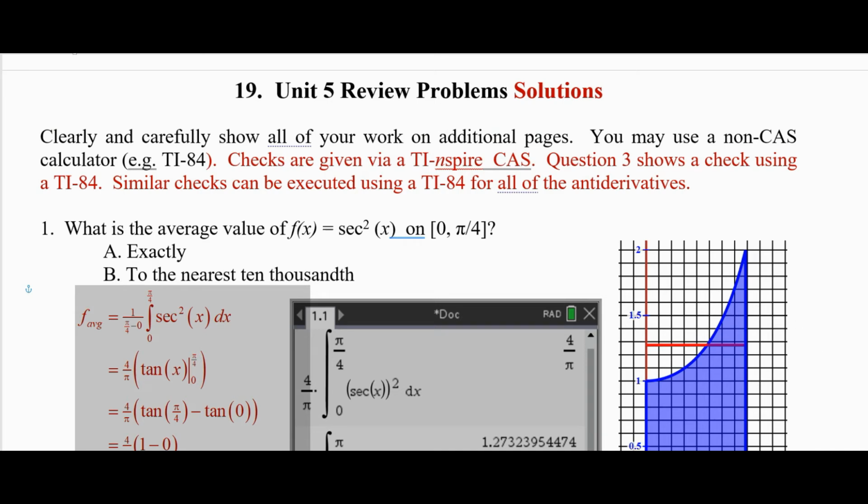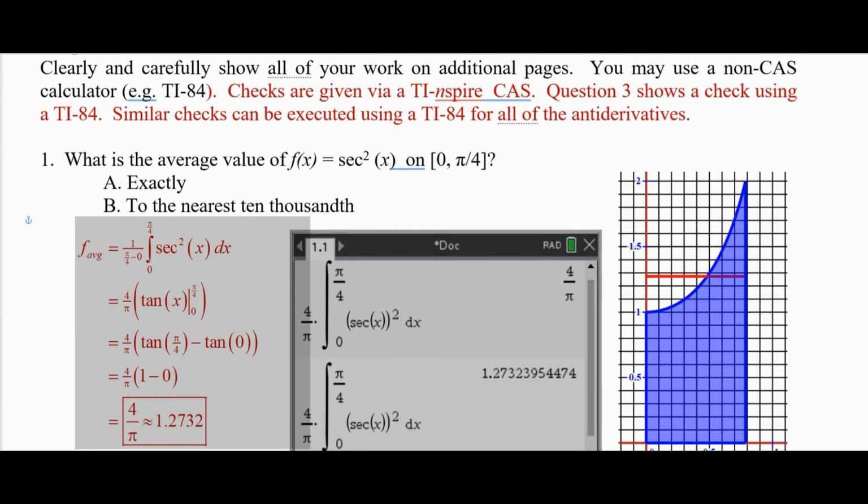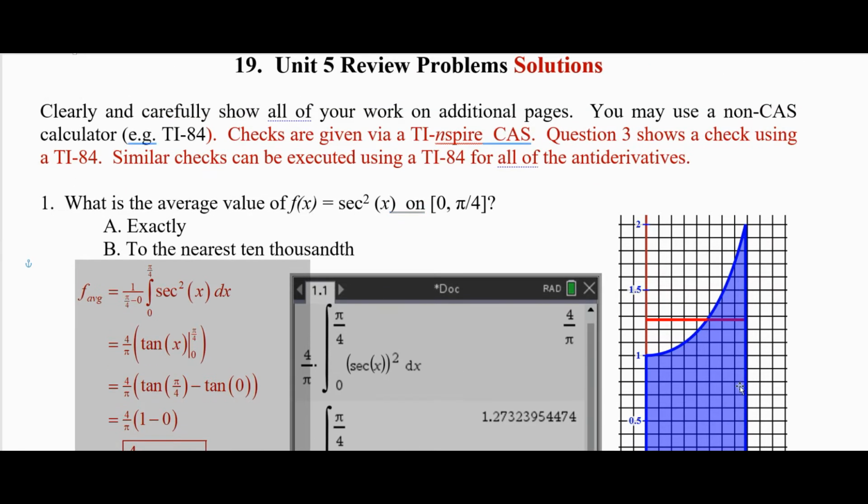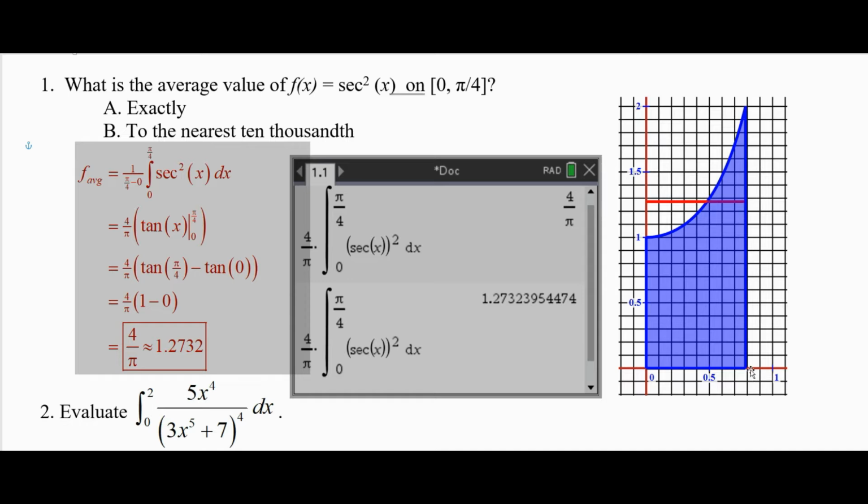Now, if you visualize this, here is the function secant squared over that interval from 0 to pi over 4. Pi over 4 is just a little bit more than 3/4 there.